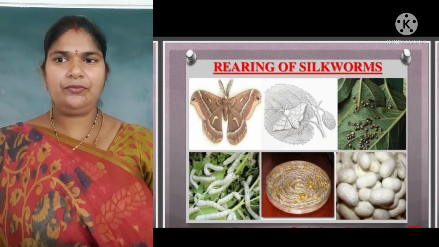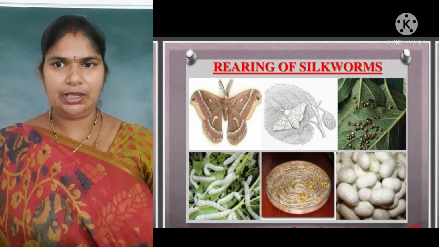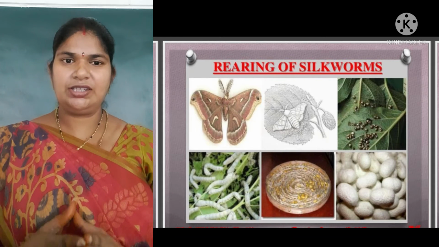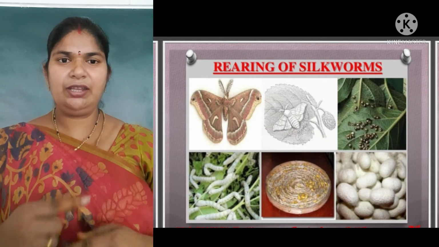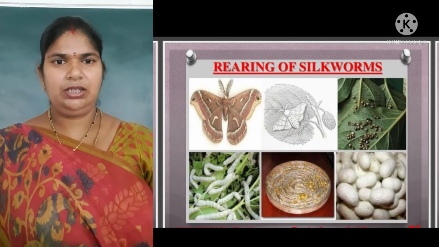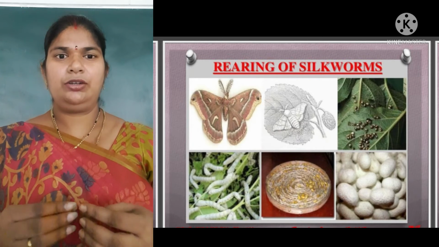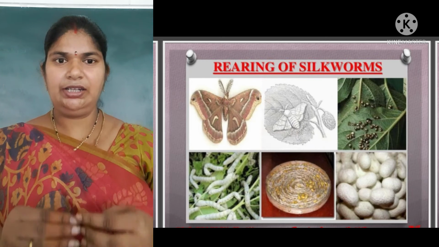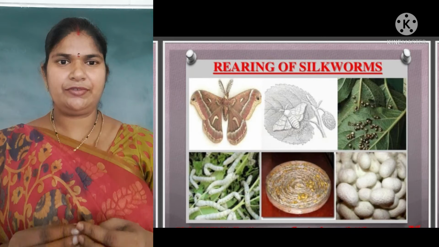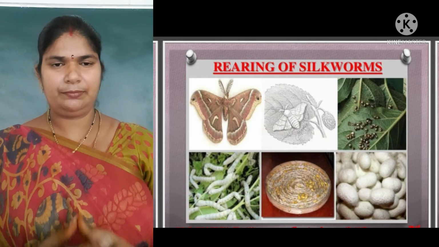Next, after 30 to 40 days, this caterpillar or silkworm will spin a cocoon around it, in which the caterpillar enters the second stage of the life cycle of silkworm called pupa.